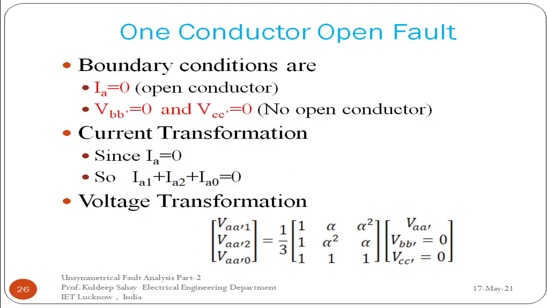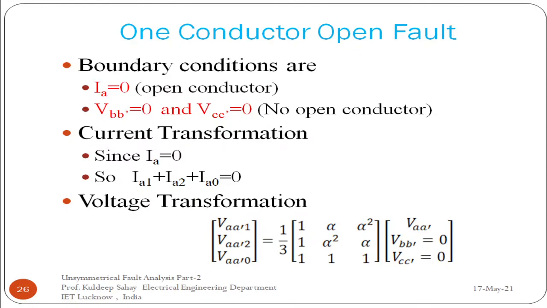So IA will be equal to 0, because you know that IA equals IA1 plus IA2 plus IA0, and here IA equals 0, so IA1 plus IA2 plus IA0 will be equal to 0. So the sum of any two currents in this case will be opposite to the third current.